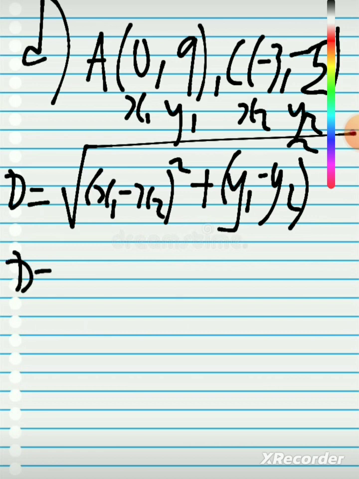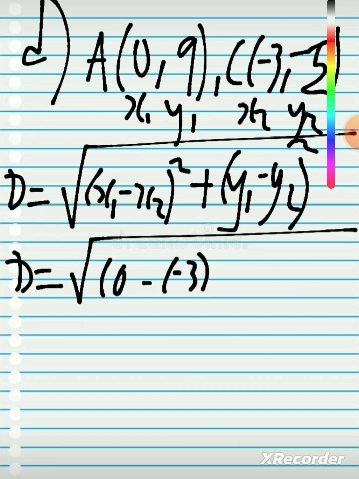So distance is equal to square root of, what's our x1? 0 minus x2. x2 is negative 3, you put it in brackets, squared, plus y1. y1 it's 9, y2 it's negative 5, you put it in brackets, okay, squared.